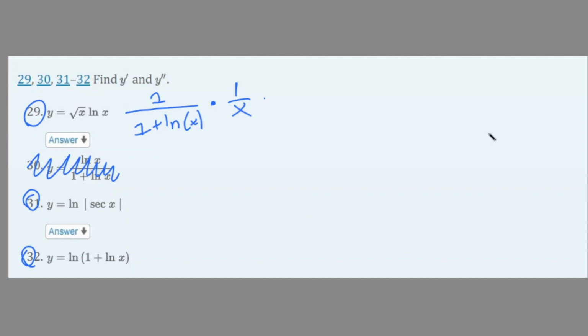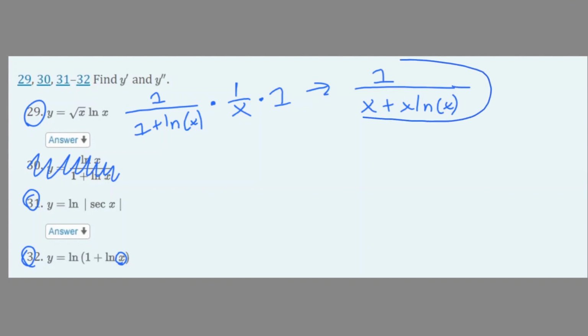And now we could multiply by the derivative of the inside, which is this x right here. But the derivative of that is 1, and it would be unnecessary to put it here, but just for visualization purposes, your final answer would be 1 over x plus x ln x, and that is the first derivative.